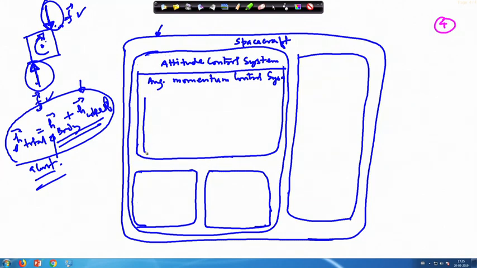Inside this we will have the momentum control devices, which is angular momentum control devices. One or many can be there. So, we can write here devices.